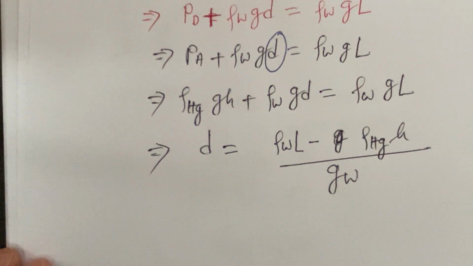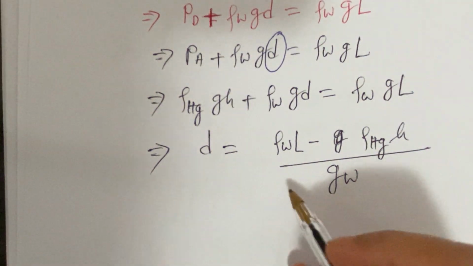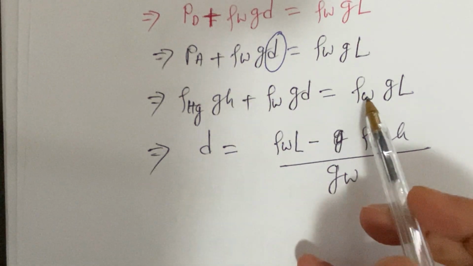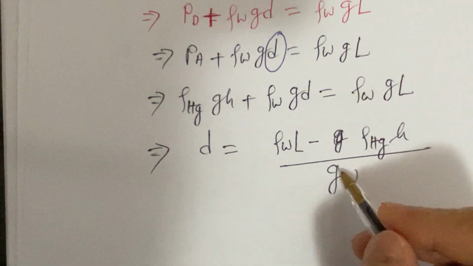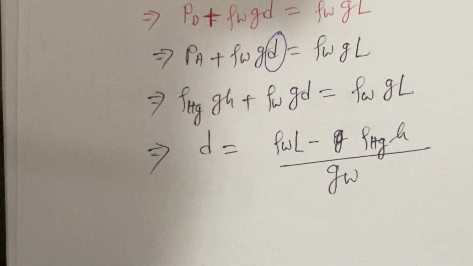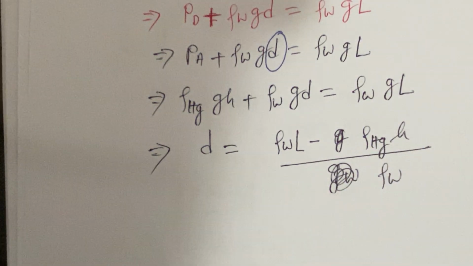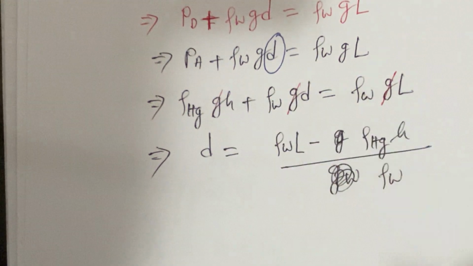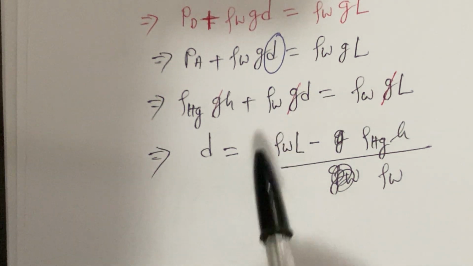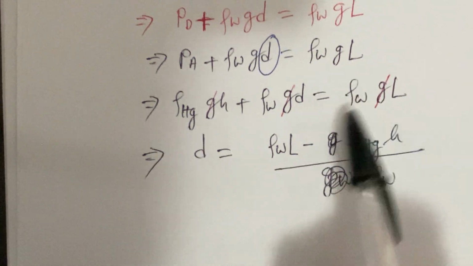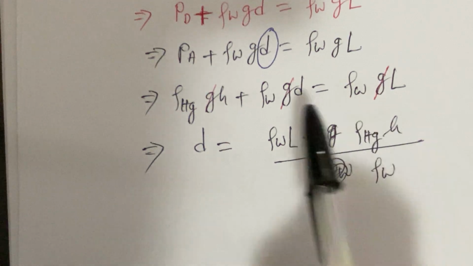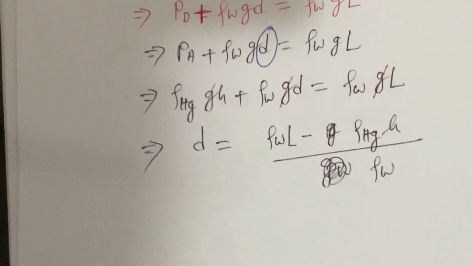So just let me think about it. It will be rho W, because we can simply cancel out this gravity. We don't need this gravity anymore. This is not important for us. So it will be rho W L minus rho mercury and H, over only rho W here.